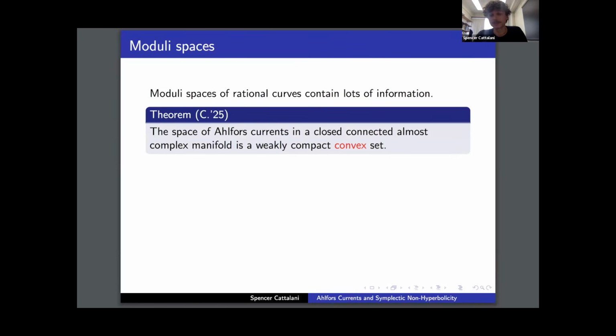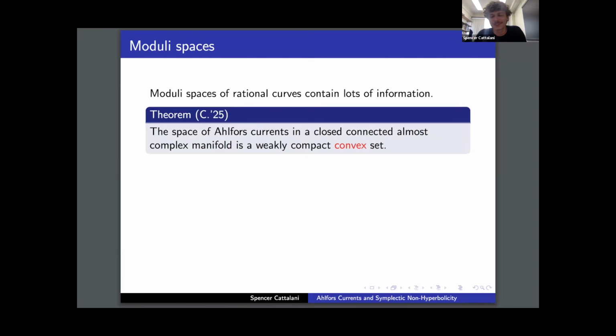So in particular, because the image of a convex set is convex, the space of homology classes represented by Ahlfors currents is a compact convex set. And the space of Ahlfors currents representing a given homology class is a compact convex set. So there's some hope that you can use convex geometry to get information about your symplectic manifold, the same way they study the cone of curves in birational geometry or things like this.